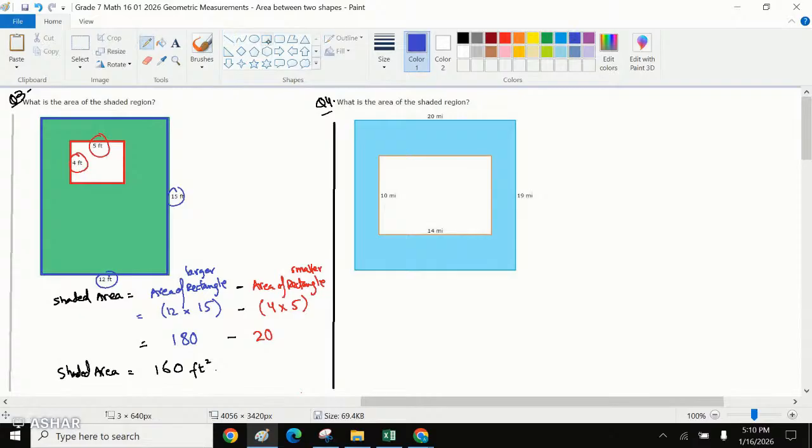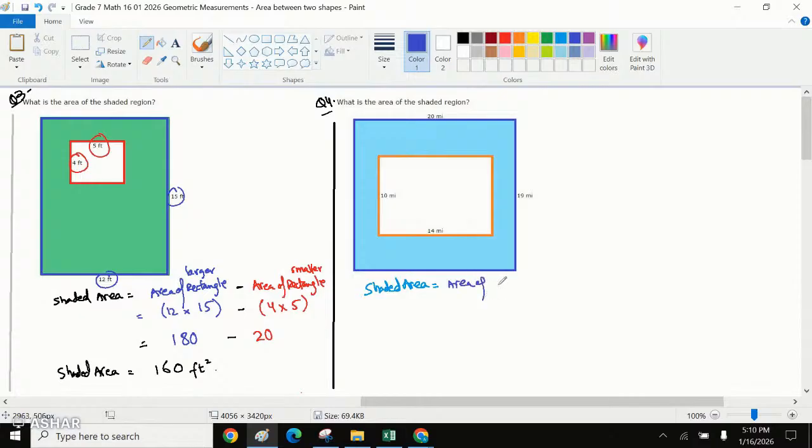So can we say the area of the larger rectangle minus the area of the smaller rectangle would give us the shaded area. So can we say shaded area would be equal to what is the biggest shape?